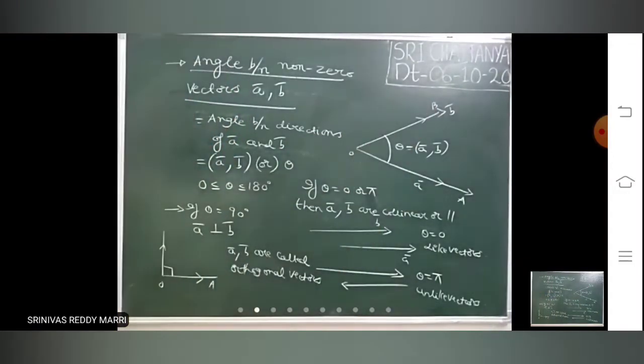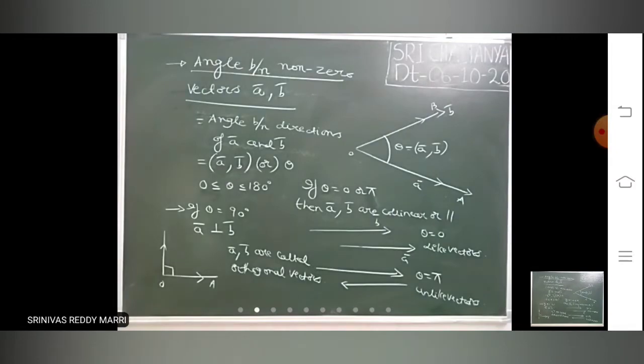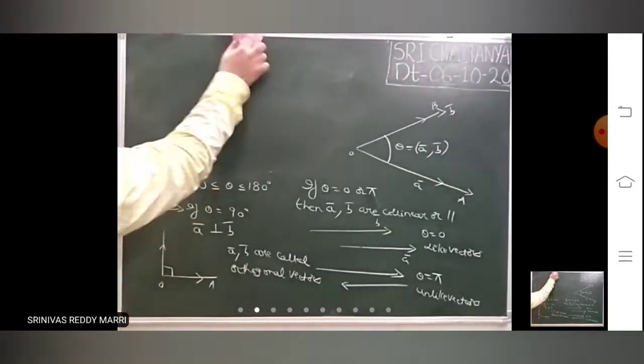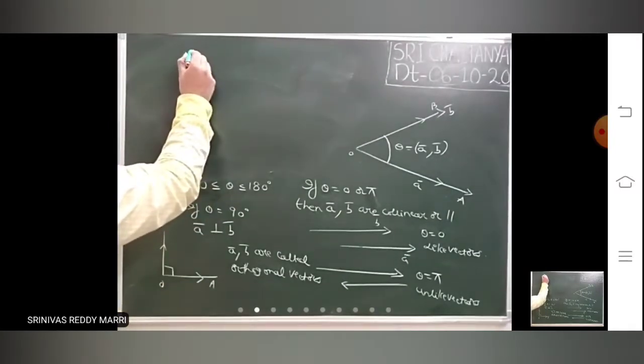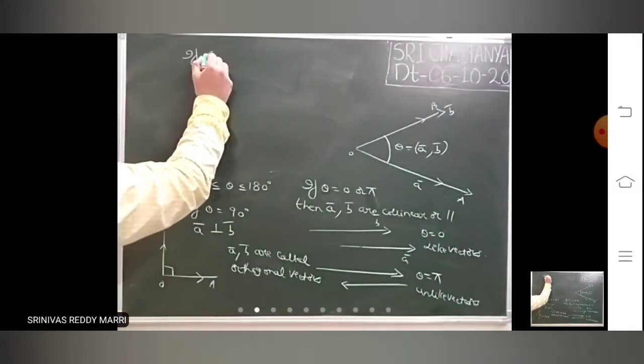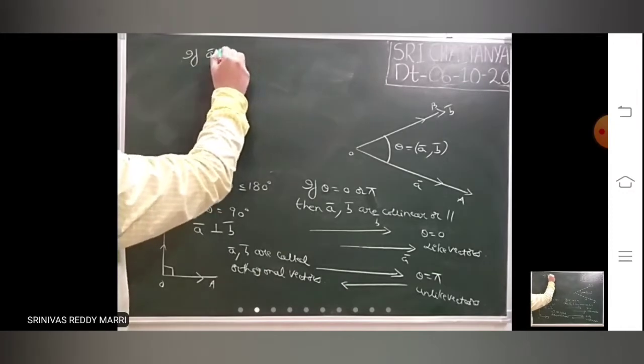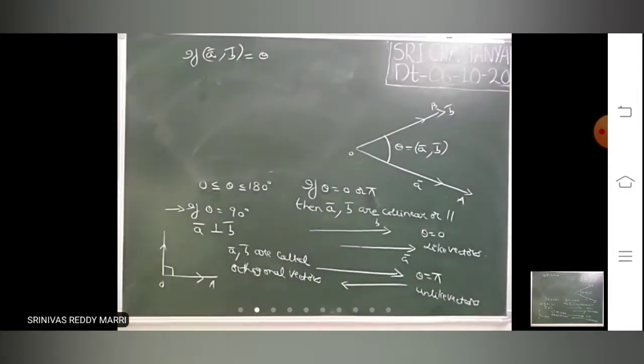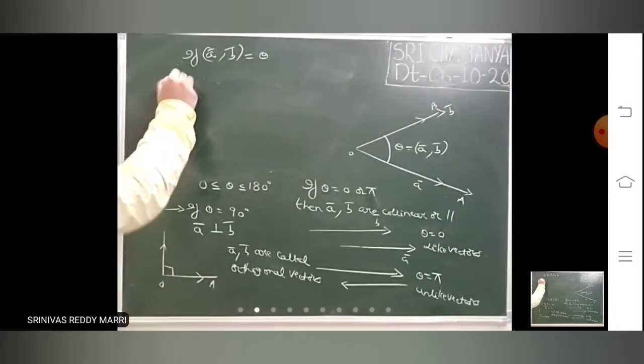Like that, angle between their directions. Suppose, let us say a bar comma b bar is angle theta. That means the angle between them is theta.